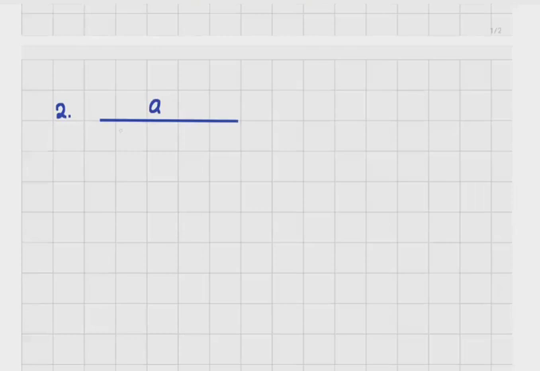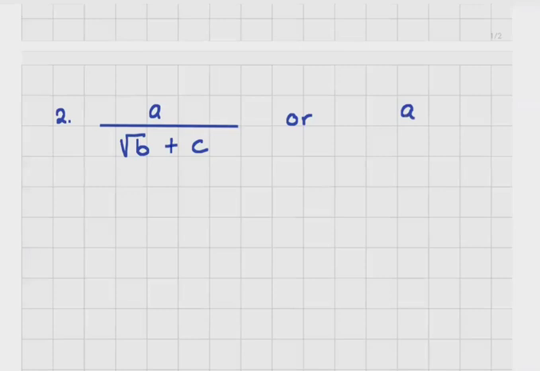But let's say your denominator has 2 terms where both terms could be surds or one of them is a surd. So I'm talking about a situation like this or a situation like that, where we have root B plus root C. So this is our second case scenario, okay, where we have anything in the numerator really, but our denominators have 2 terms.